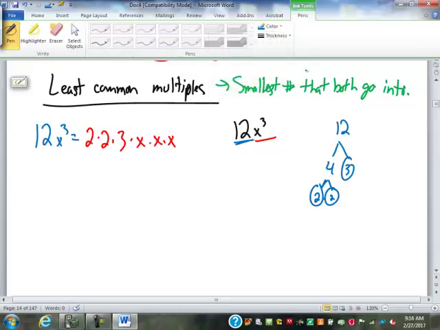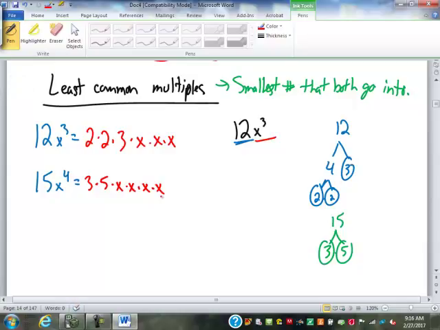And let's say the other one we want to look at is 15x to the fourth. So let's factor the 15. Well, 15 factors into what? 3 times 5, and that's it. So it's going to be 3 times 5, and then of course x to the fourth is 4 x's multiplied together.